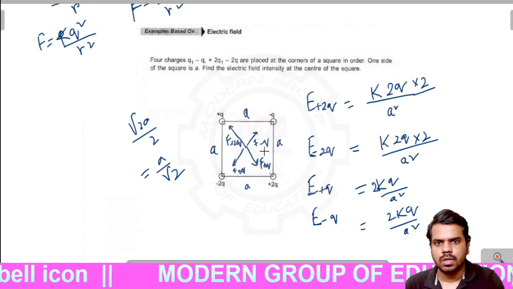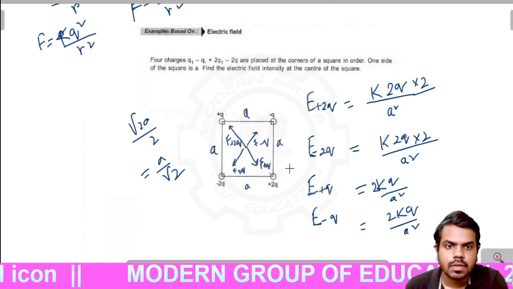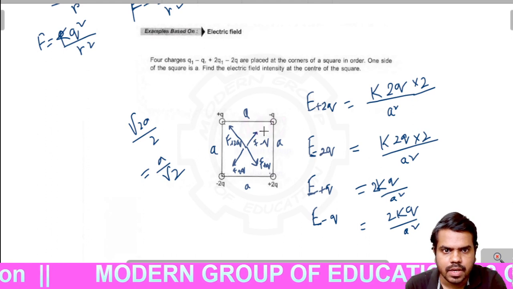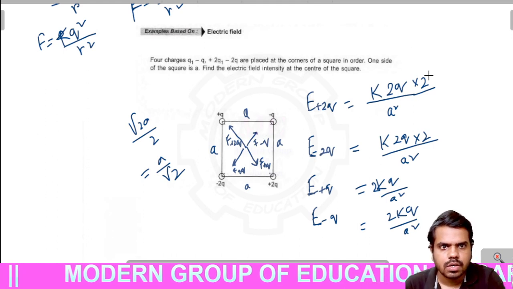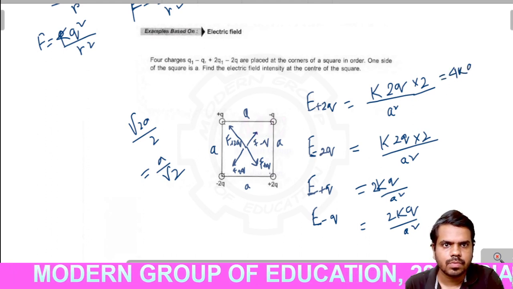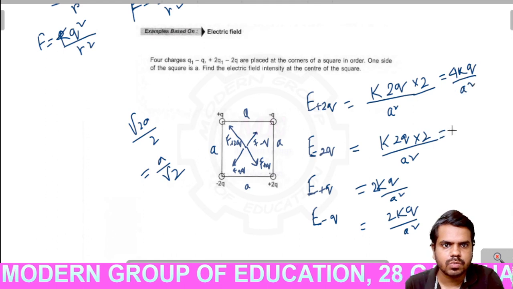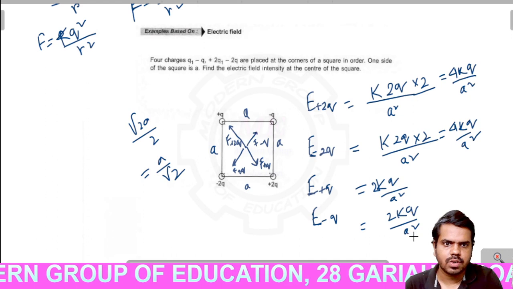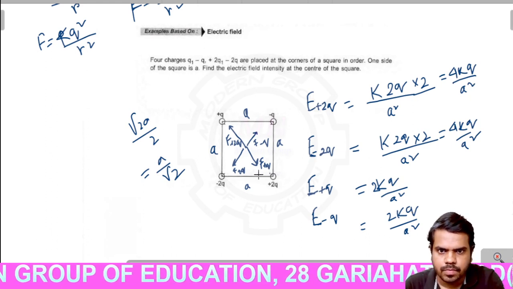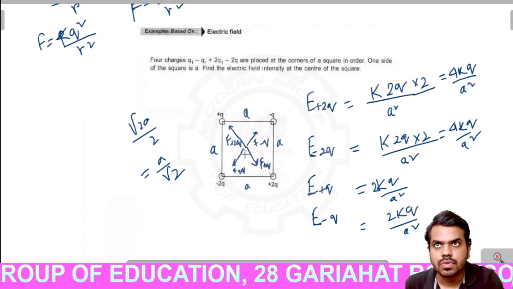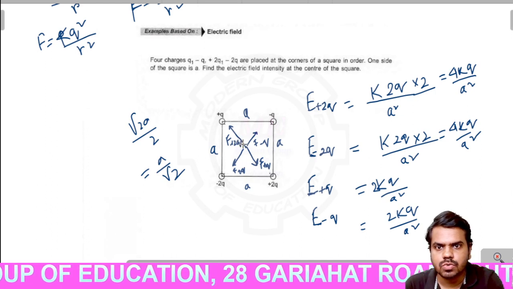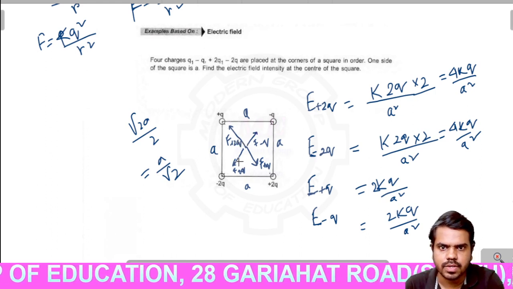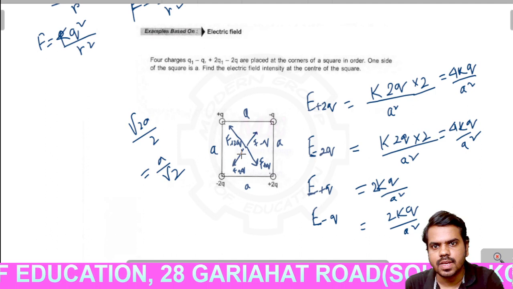So if we see the diagram, here 4KQ by a square, here also 4KQ by a square, this is 2KQ by a square, this is 2KQ by a square. So this is 4KQ by a square, this is 4KQ by a square, here is 2KQ by a square, here is 2KQ by a square. That means here is 3KQ by a square.